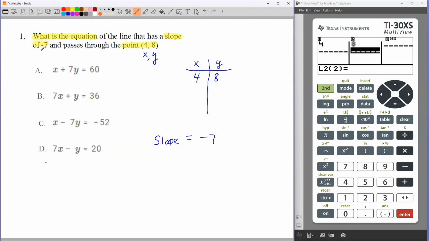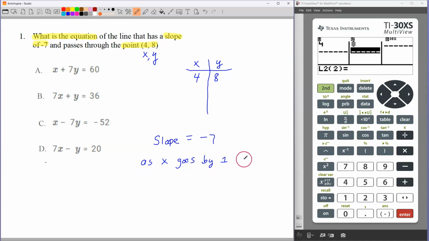Now this is how you read the slope. This is what it means. It means as x goes up by 1, as x increases by 1, it'll always be this way for this type of problem.